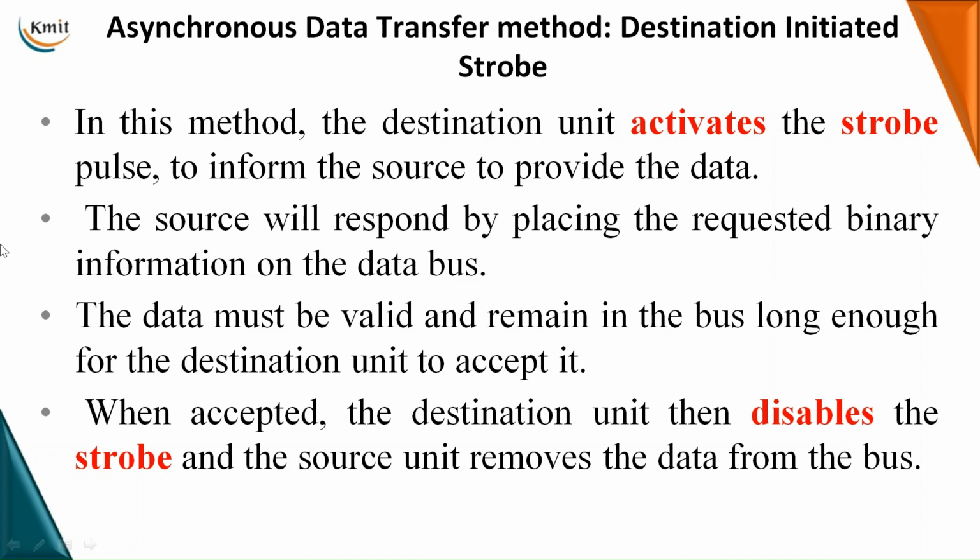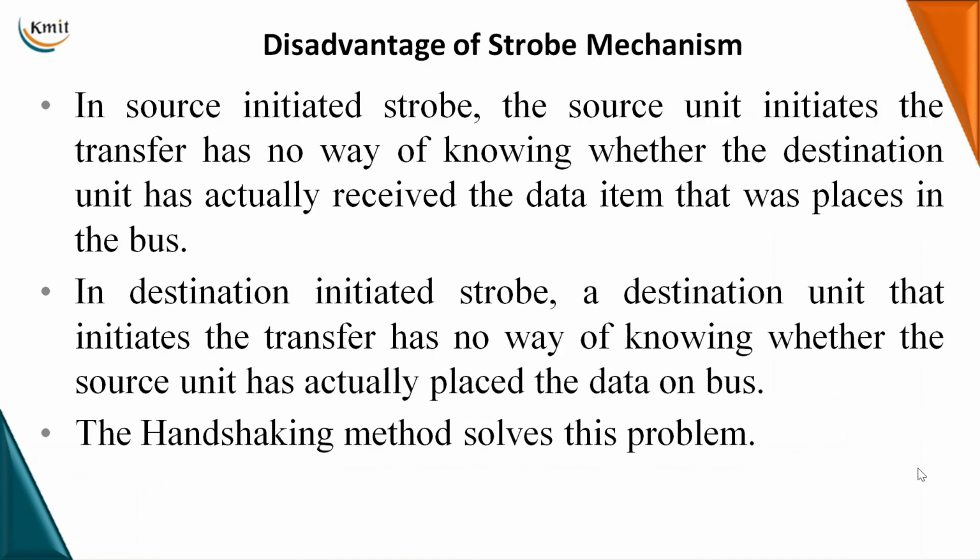Whenever the destination unit accepts the data present on the data bus, it will disable the strobe signal and the source also removes the data from the data bus. Whenever the source sees that the strobe signal is disabled, it removes the data from the data bus, because it is an intimation to the source that the information has been received by the destination.